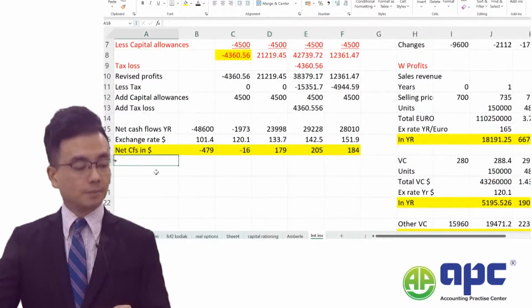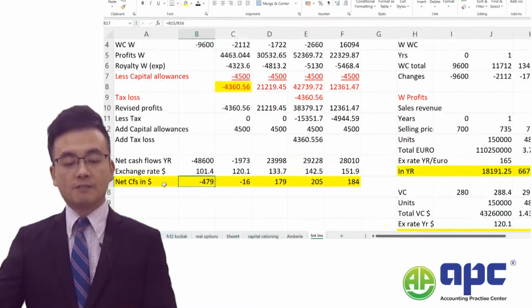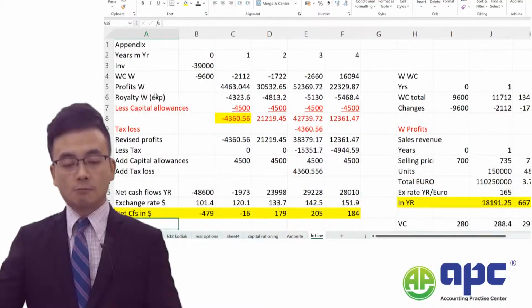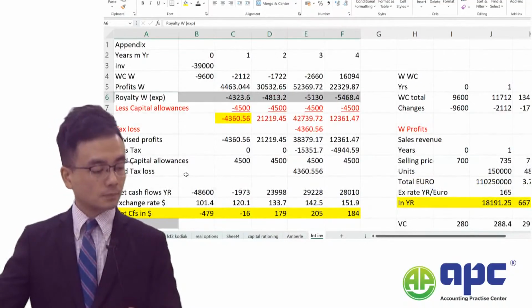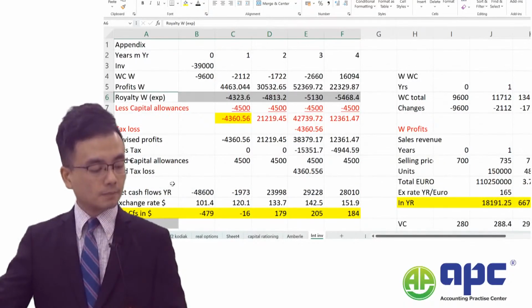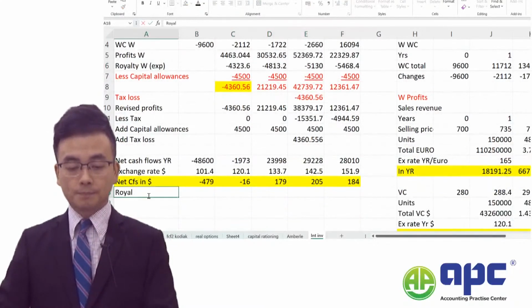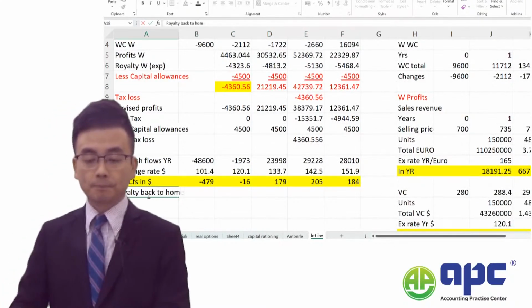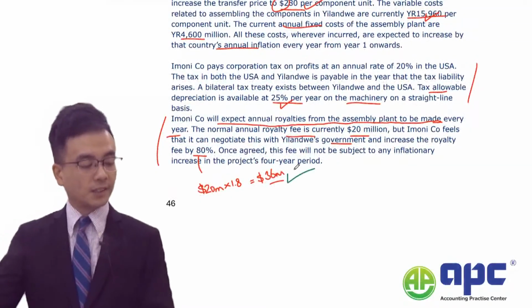Now, of course, again, our company will be receiving back the royalty, as we've seen before. So we'll need to deal with the royalty back to the home country. Now in USD, as I said, it is just 36.